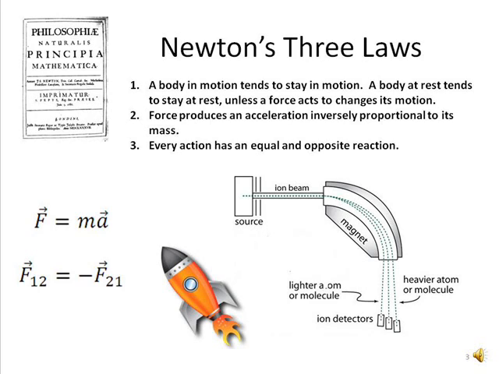Those that are heavier will experience less acceleration, and therefore will have less of a deflection. This principle could be used to separate the atoms of an element that have different atomic weights, in other words, separate different isotopes.